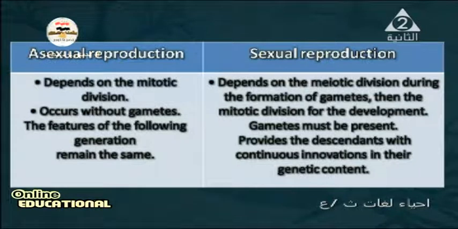Features of this generation remain the same. But in sexual reproduction, there is also formation by the gametes, then mitotic division occurs. Gametes provide descendants with continuous innovations of their genetic content.